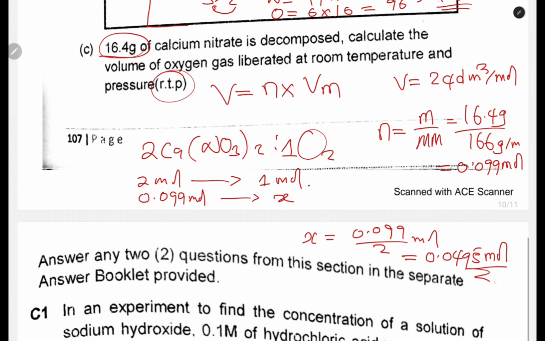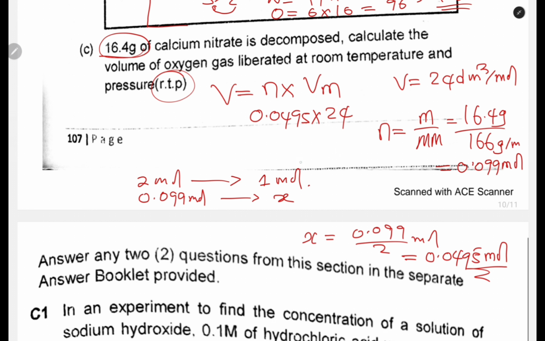So that is the number of moles of oxygen. Then we can now calculate the volume of oxygen. Volume of oxygen is 0.0495 multiplied by 24. If you multiply this, you should be able to find 1.188 decimeter cubic as the volume. So that is how you simply work this one out.